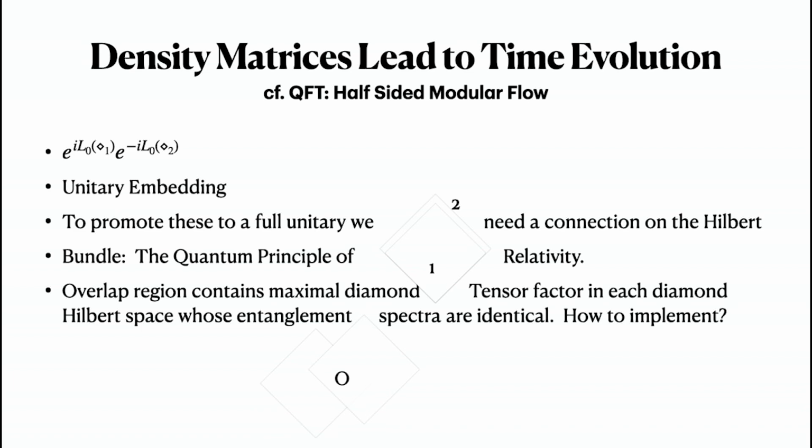And now the dynamics on diamond 1 and diamond 2 will assign that tensor factor to different density matrices. The quantum principle of relativity says that for any pair of diamonds, the density matrices on the overlap should have the same entanglement spectrum.